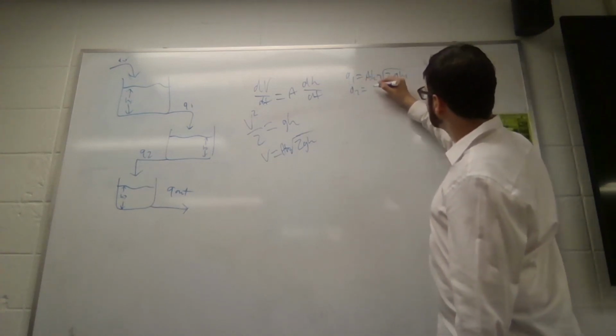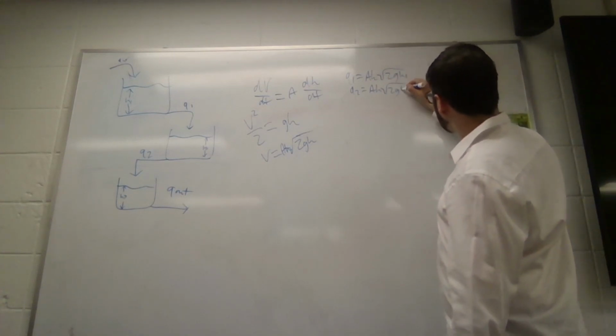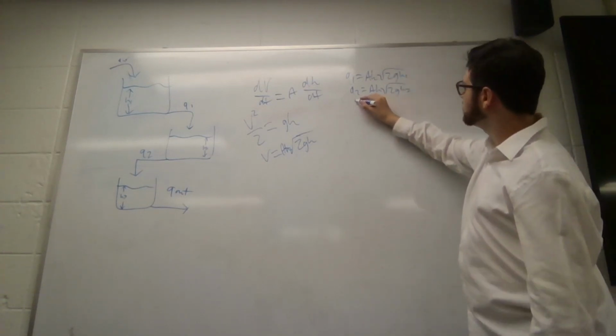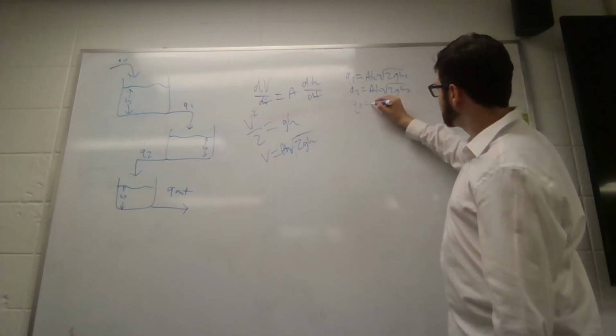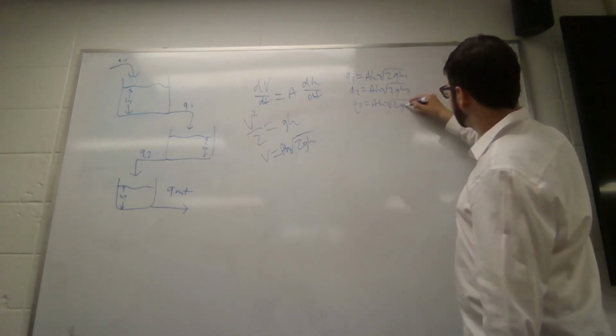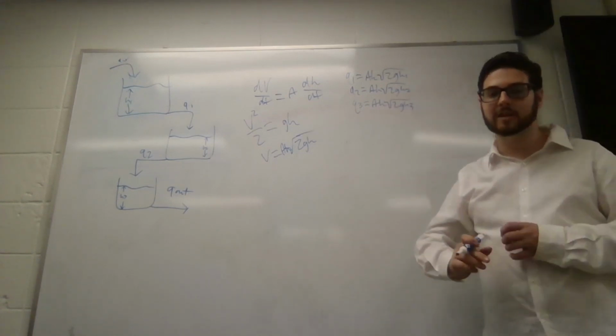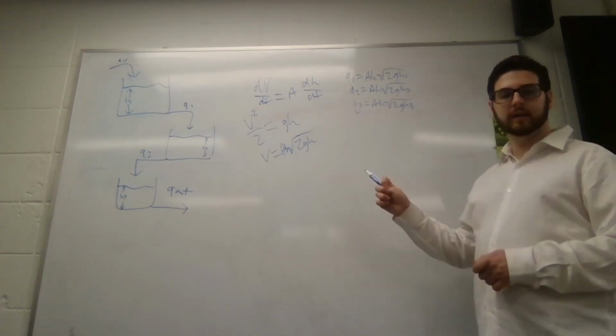Q2 is equal to AH times the square root of 2g times the height of the second tank. Q3, or Q out as I've called it, is equal to AH times the square root of 2g times the height of the third tank. And with those equations, we can put that into code later.